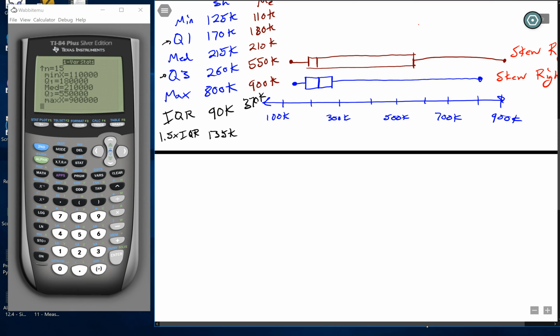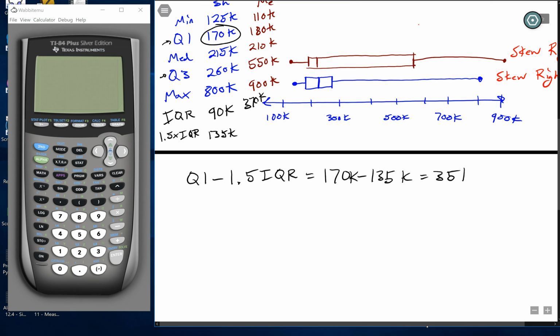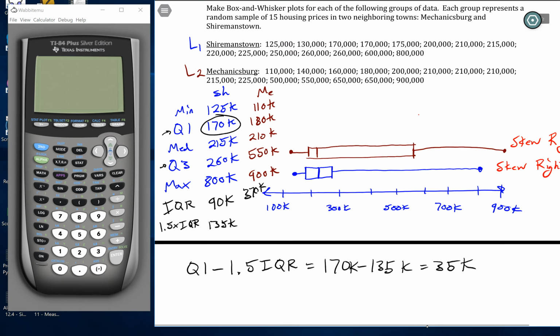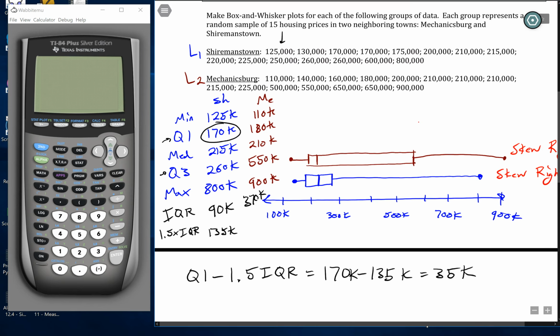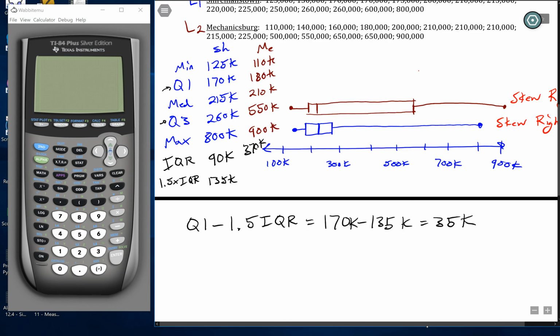If I go 1.5 times the IQR less than Q1, okay, so Q1 is 170, and I'm going to go 135,000 less than that. That's 35,000. So if there are any numbers that are lower than 35,000, they are an outlier. So let's look. Well, the lowest house is 125,000. So apparently there are no low outliers.